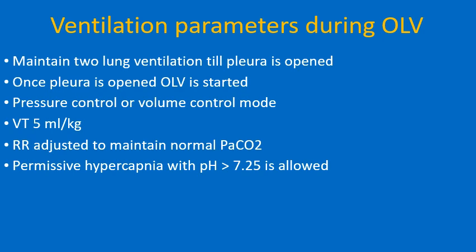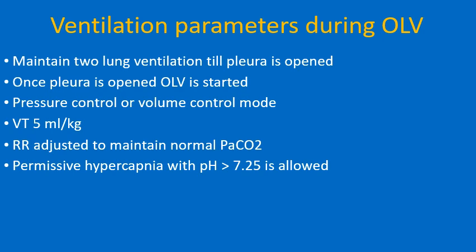FiO2 100% oxygen we have to give to this patient, because during one lung ventilation, as I told previously, there is 55% perfusion to the right lung and 45% perfusion to the left lung. As soon as we stop ventilation of one lung, what happens? Hypoxic pulmonary vasoconstriction occurs. Because of this, there is diversion of blood flow to the ventilated lung.